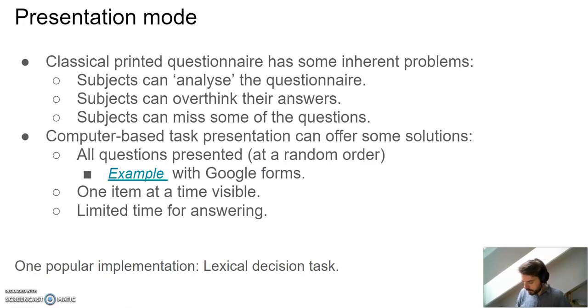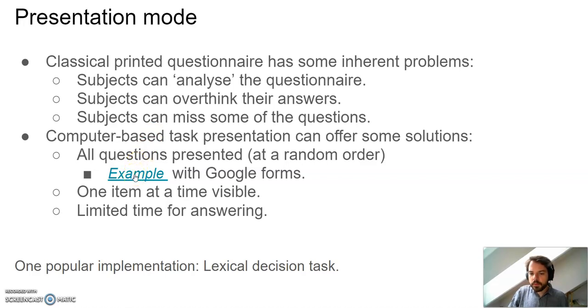So you don't want the order in which you presented the items to influence your results, and you can also make the answers obligatory. So you can set it up in such a way that the participant cannot move on with the experiment if they haven't answered all the questions.